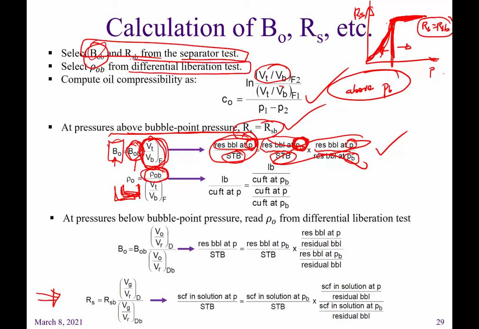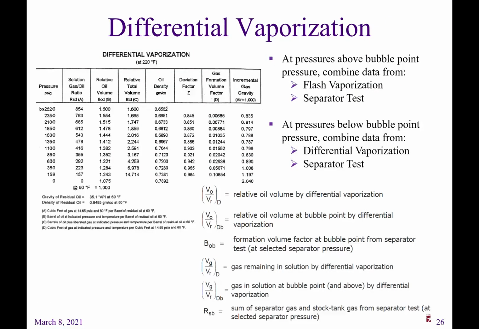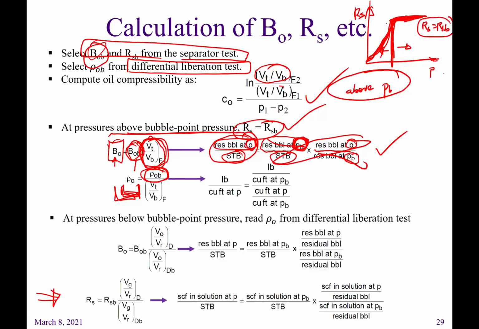Differential liberation test. I showed you that previously, right? It's precisely here because this is bubble point pressure. So that's where you get it from, and then divided by the same relative oil volume factor. And dimensional analysis checks out okay.